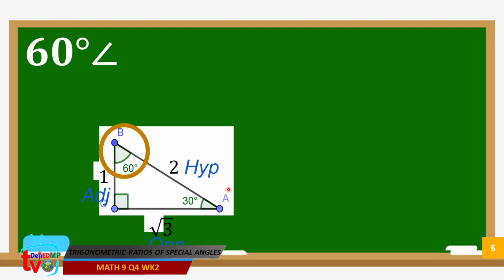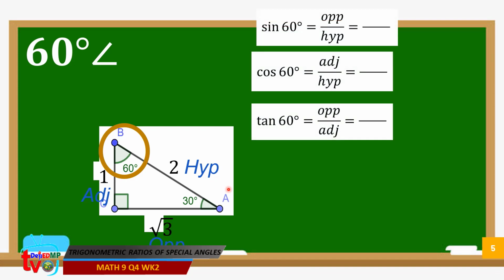Now, let us recall the 3 primary trigonometric ratios. Let's start with sine 60 degrees. Can you tell me what sine 60 degrees is? You're right, that is opposite over hypotenuse, square root of 3 over 2. And what is cosine 60 degrees?